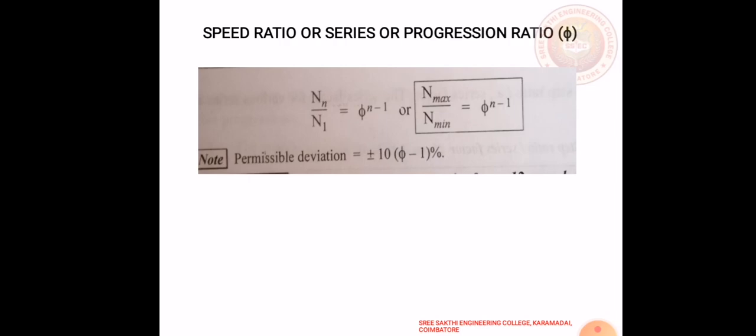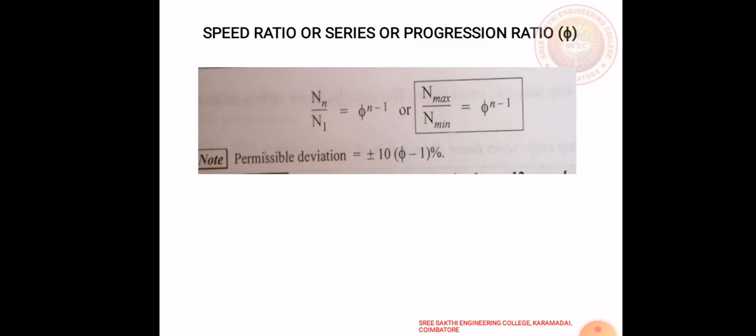What is step ratio? It is also called series ratio or progression ratio. It is denoted as psi. When the spindle speeds are arranged in geometric progression, then the ratio between two adjacent speeds is known as the step ratio or progression ratio.